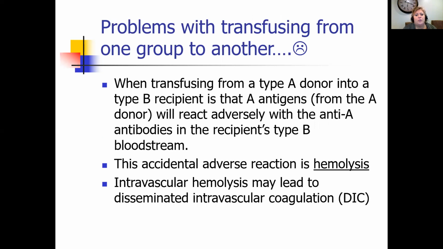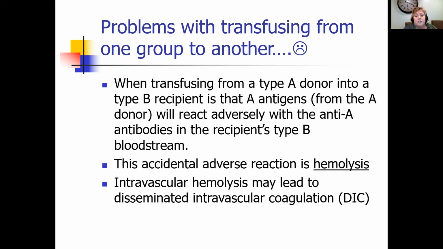So if I were to donate blood to Chris, I'm type A, she's type B. The A antigens in her blood will react adversely with the anti-A antibodies in my blood. So her blood will fight my blood. It doesn't like A. And my blood, A, doesn't like B. So this can lead to death.